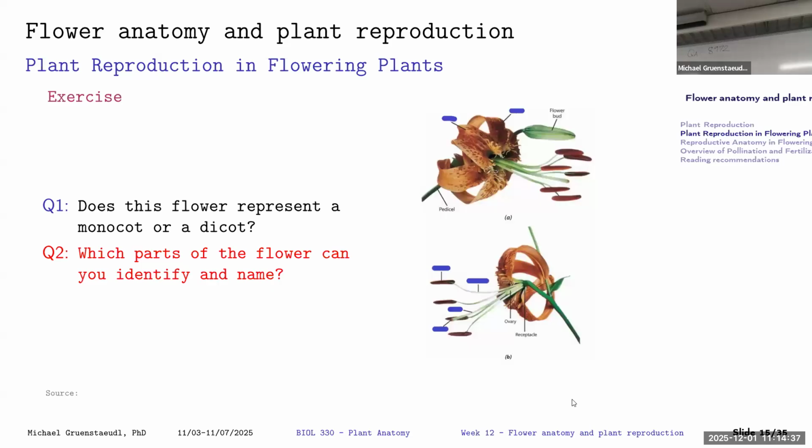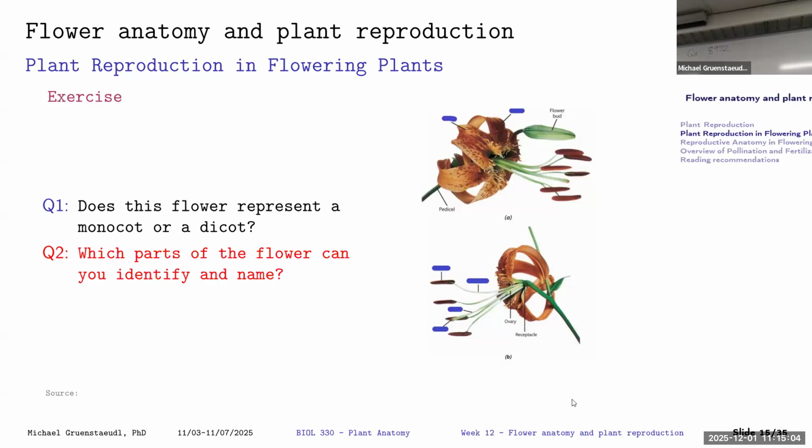Dicot? Let's see. Let's count the petals together, okay? By the way, are they petals? Let's call them the vegetative parts, okay? 1, 2, probably something there in the back. 3, 4, 5, 6.